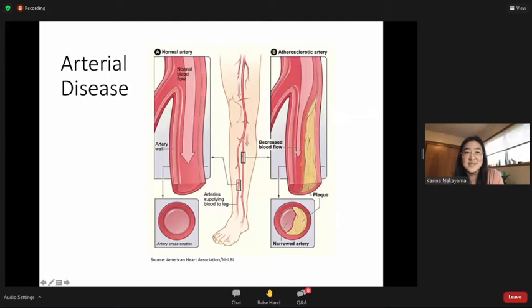And another disease that we look at is called peripheral arterial disease. This is also similar to what Owen was talking about: there's this accumulation of plaques. It can be a genetic predisposition. It can be due to lifestyle, but essentially these plaques build up in your arteries and they block the flow of blood. And if enough blood is blocked, then the same situation happens and you don't get any blood to your tissues.